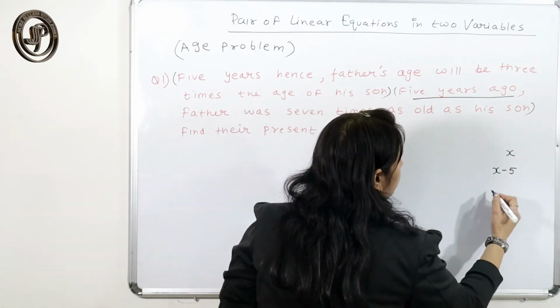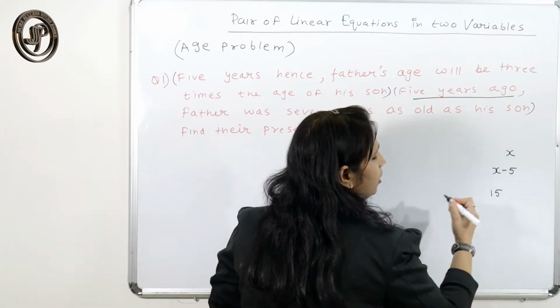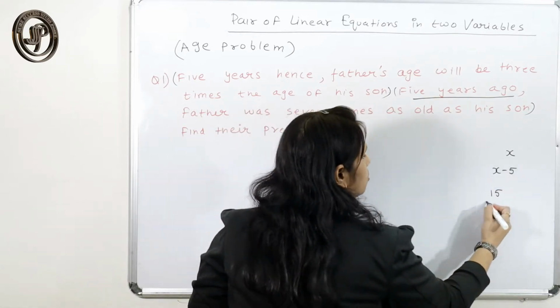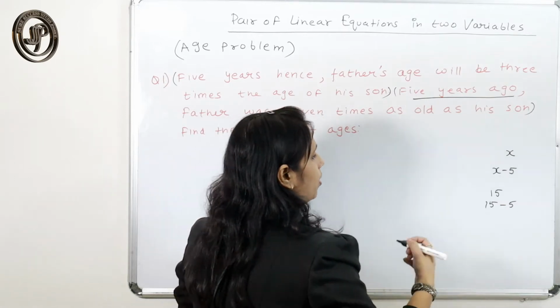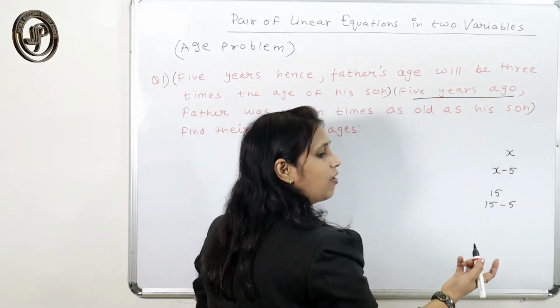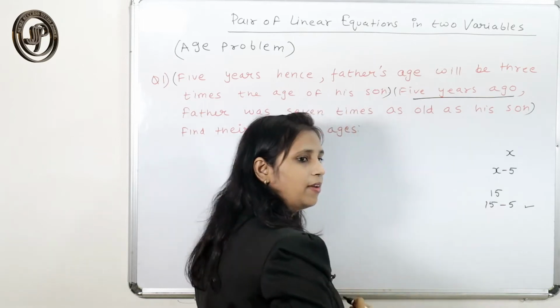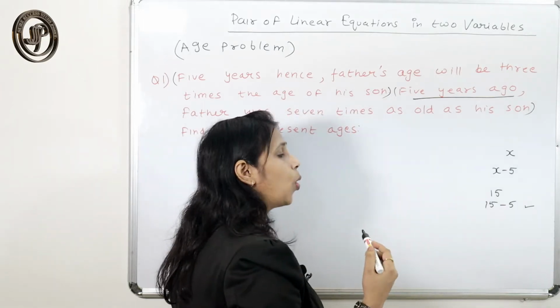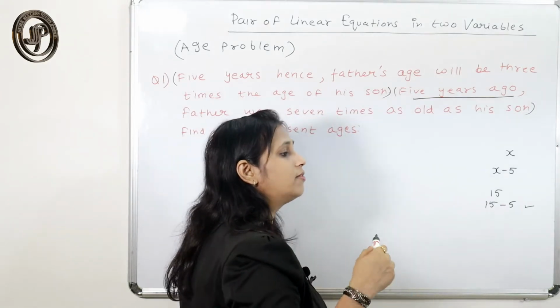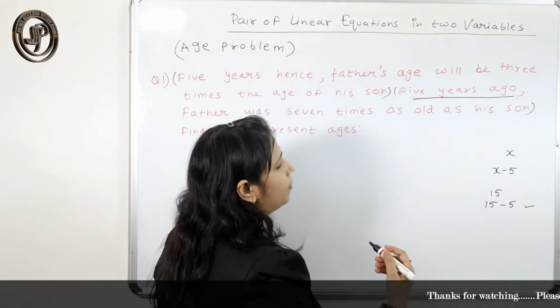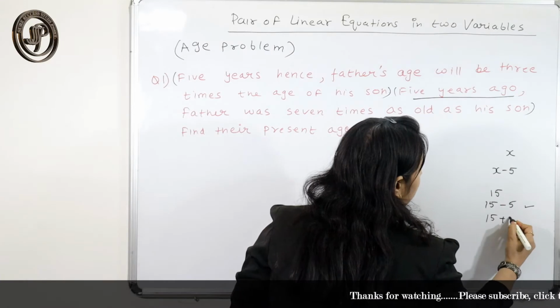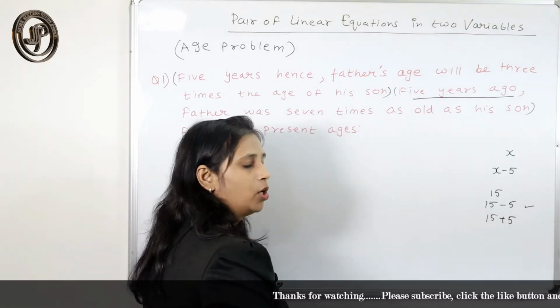Suppose your age is 15 years. 5 years ago, what was your age? 15 minus 5. And if I ask what will be your age 5 years hence, that will be 15 plus 5.